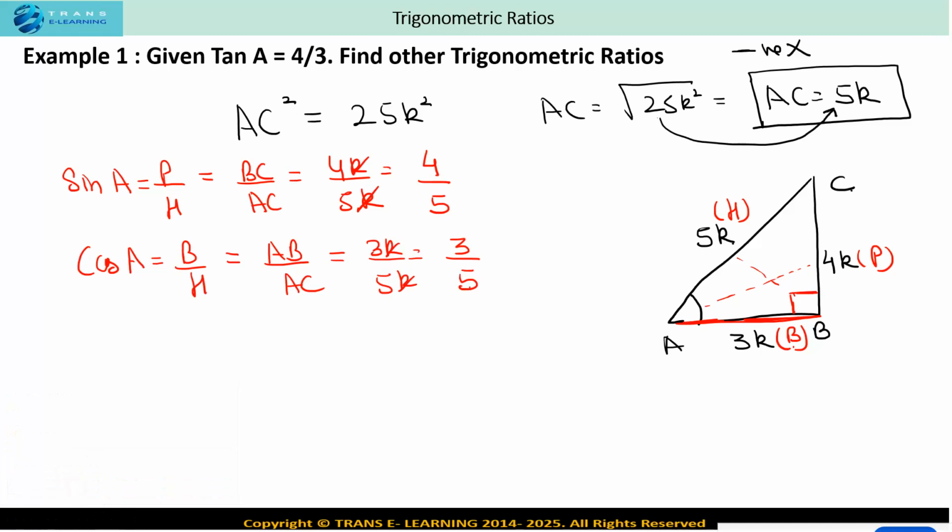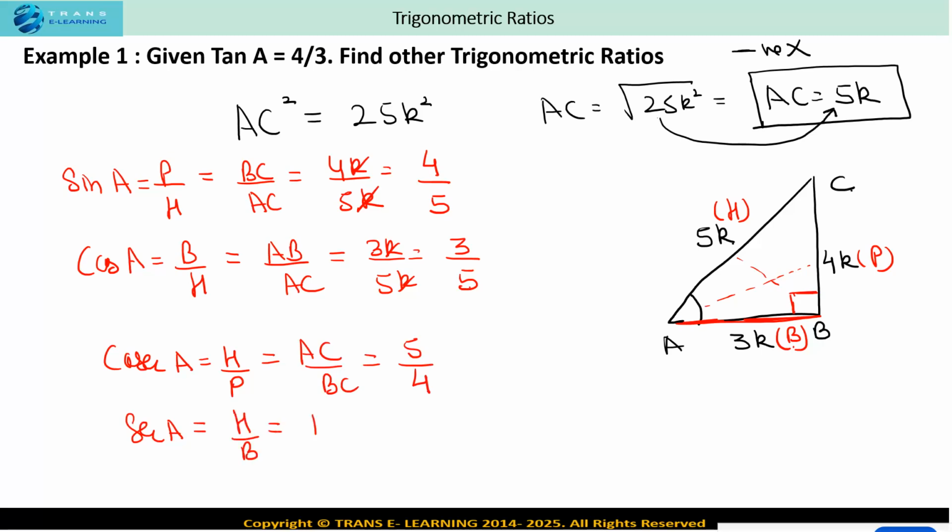So now let us consider the reciprocal trigonometric ratio. The reciprocal of sine A is the cosecant A. So the cosecant A will be hypotenuse upon perpendicular, that is AC upon BC, that will be equals to 5 upon 4. And the secant A is reciprocal of cos A, that is hypotenuse upon base, that is AC upon AB, that is equals to 5 upon 3.